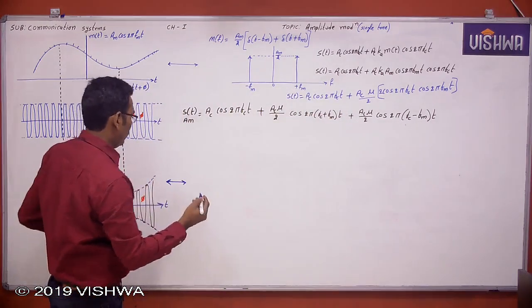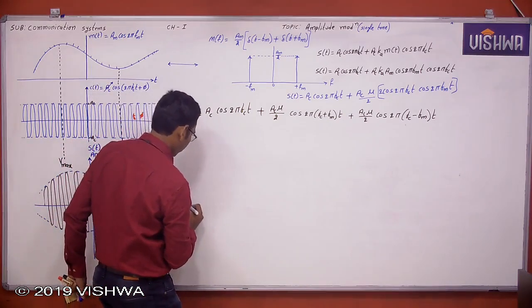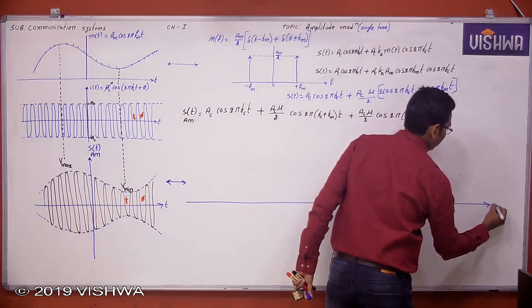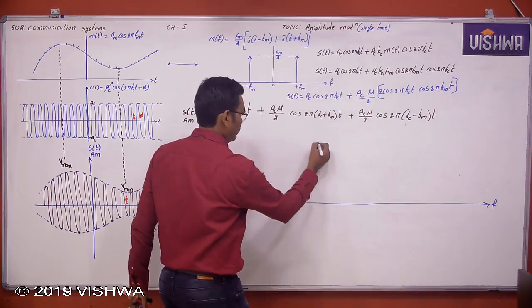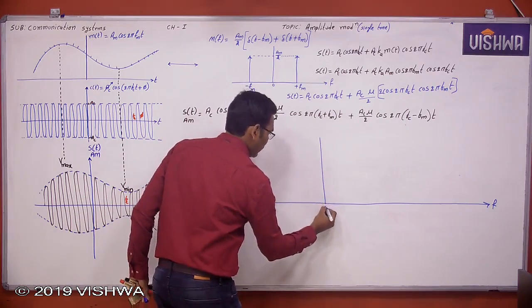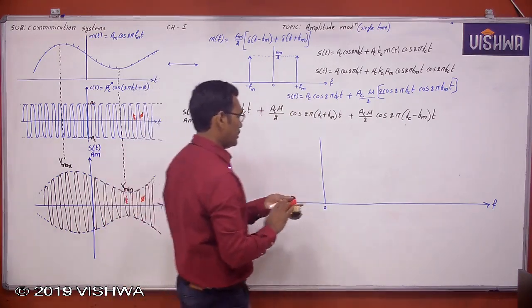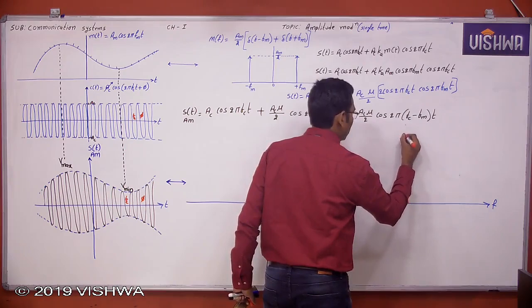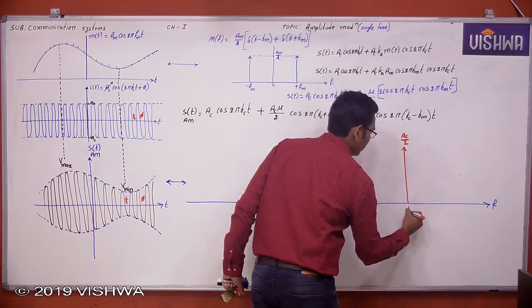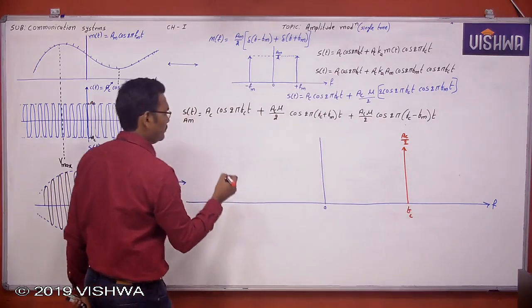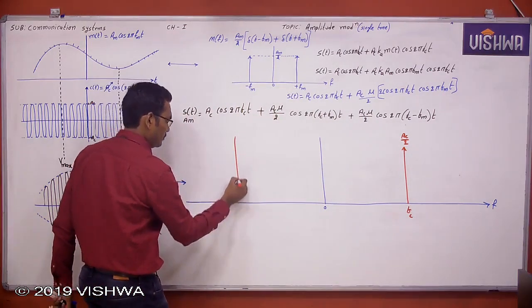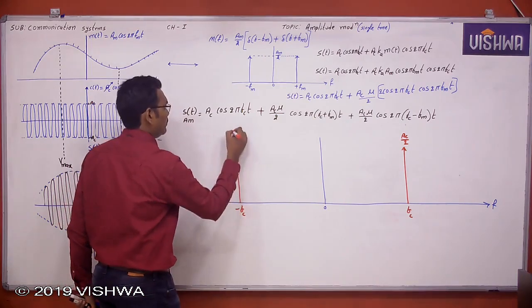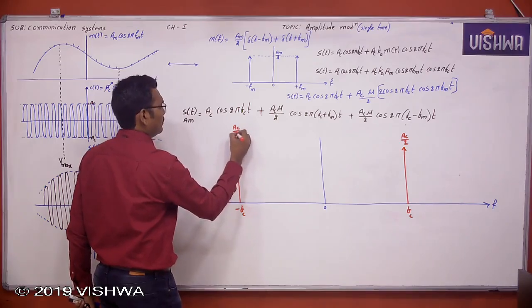Now we'll see it in the frequency domain. f minus fc equal to 0 means f equal to plus fc, and this is Ac by 2. And at minus fc, Ac by 2.